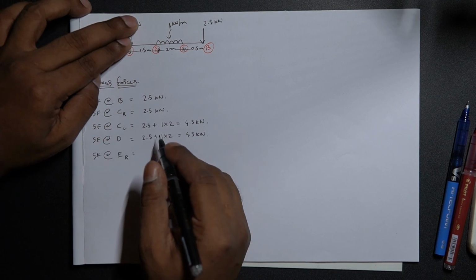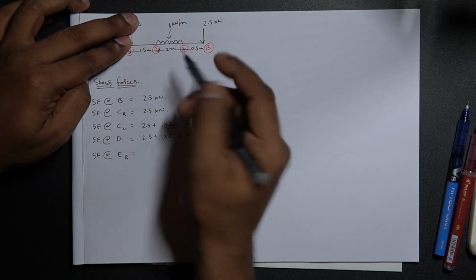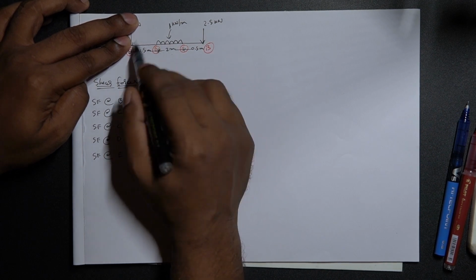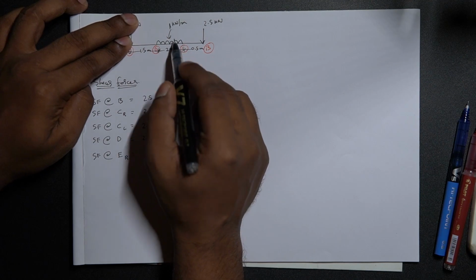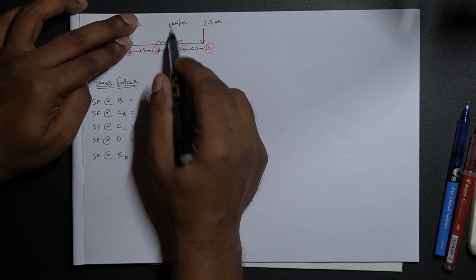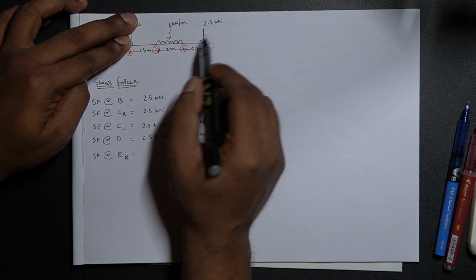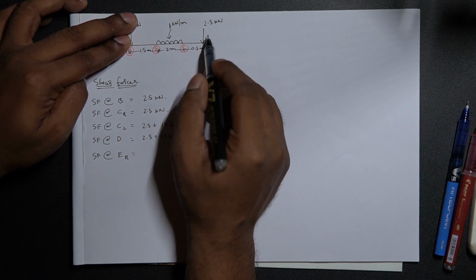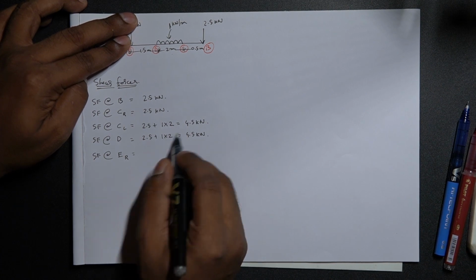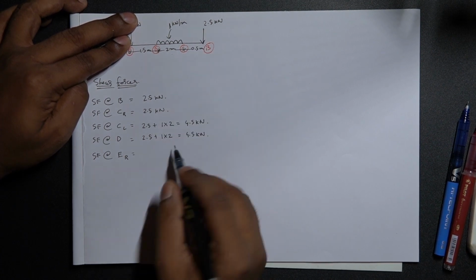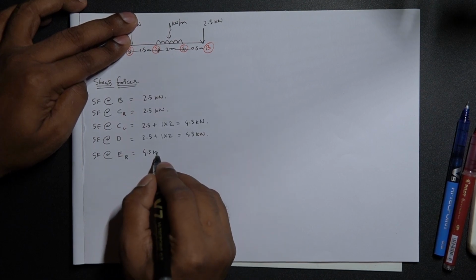Towards the right of E, we have only 2 loads: 1 into 2 for the uniformly distributed load, and the point load. So that's the same value as above. It is 2.5, the point load acting downwards, and the UDL 1 into 2, that is 4.5 kilonewtons.